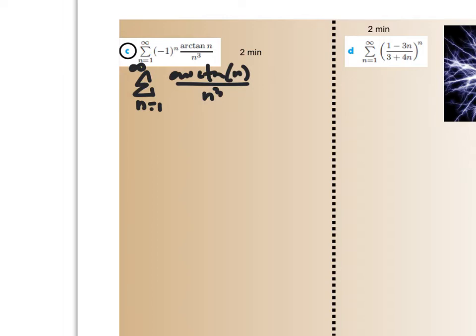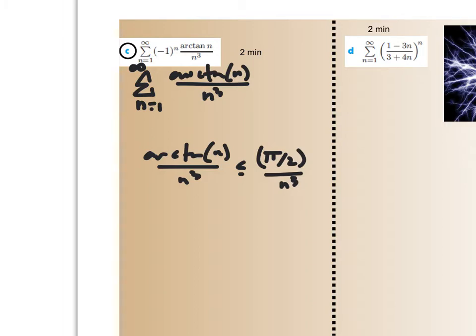Let's see here, what would the maximum value of arctan be on its domain? Well, it would be pi over 2, right? So arctan of n over n cubed would always be less than or equal to pi over 2 over n cubed.